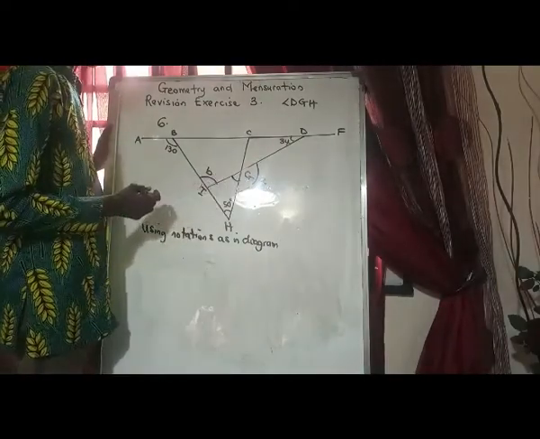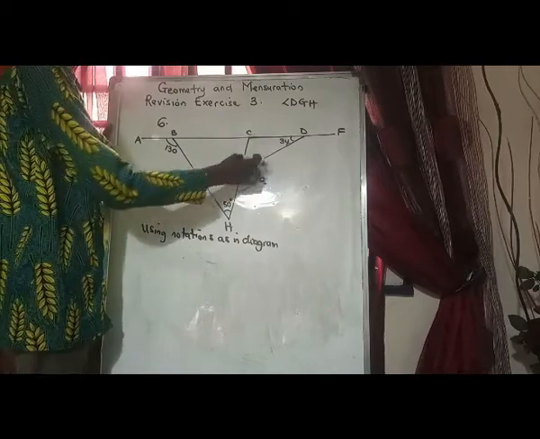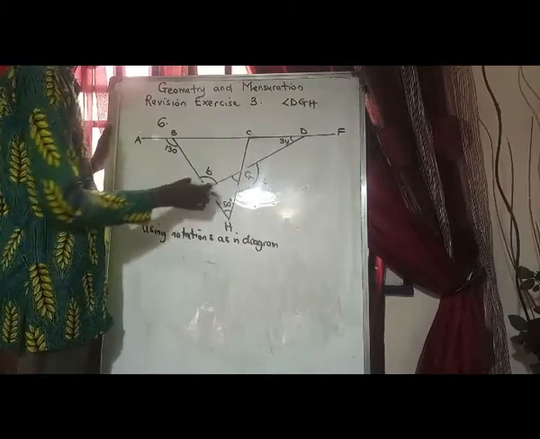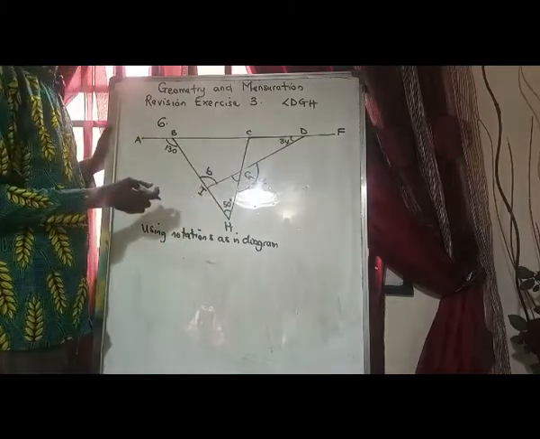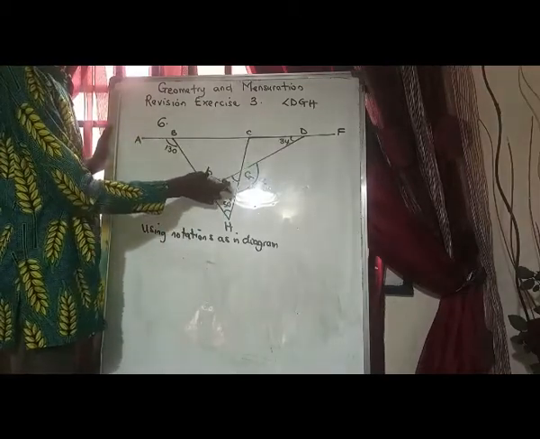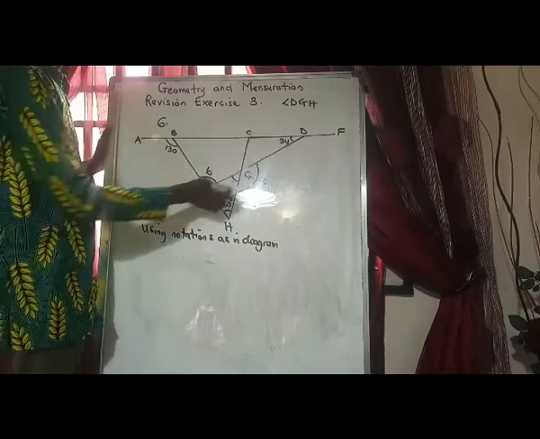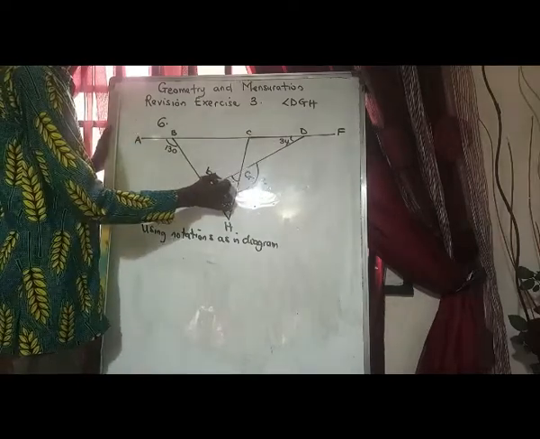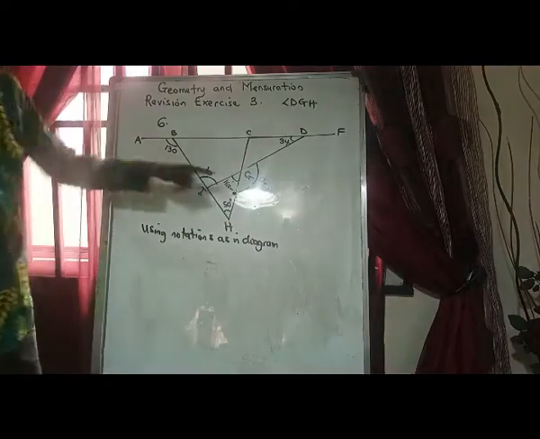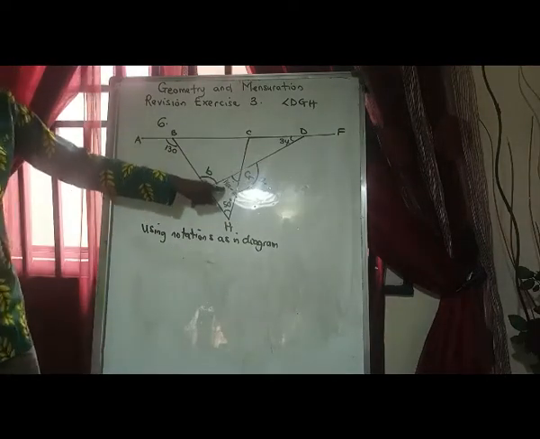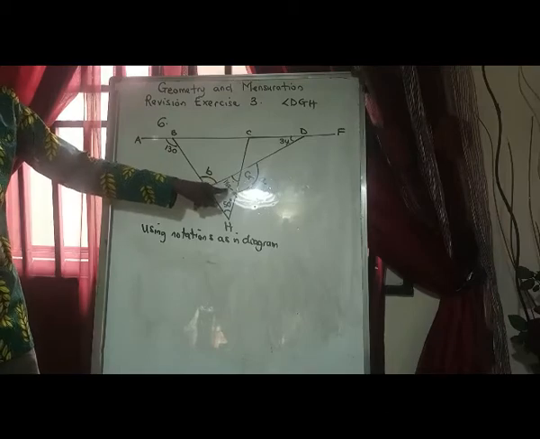If this angle is A, you realize that this angle here and this angle are on a straight line. So if this is A, this will be 180 minus A.